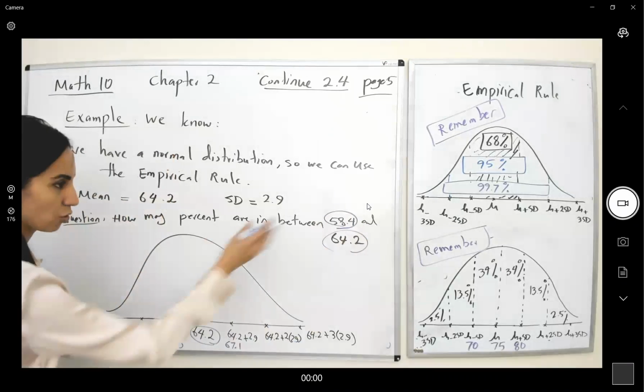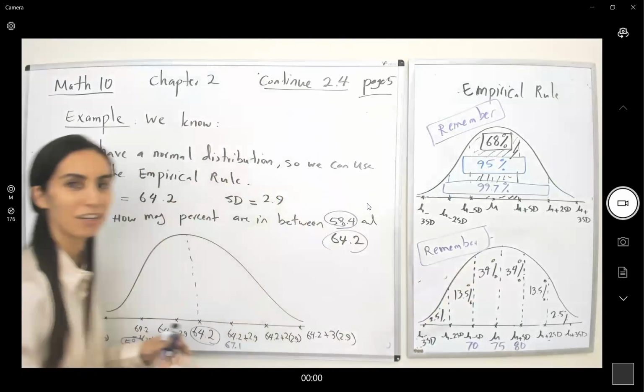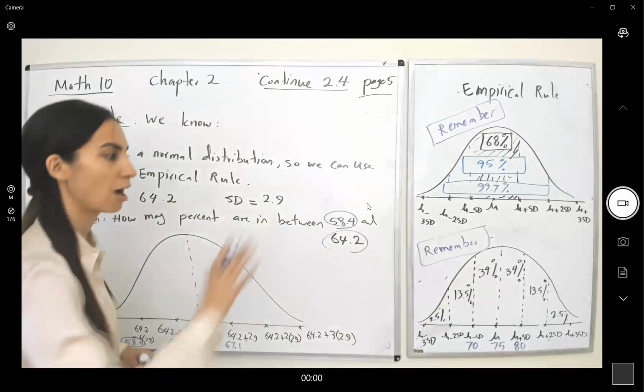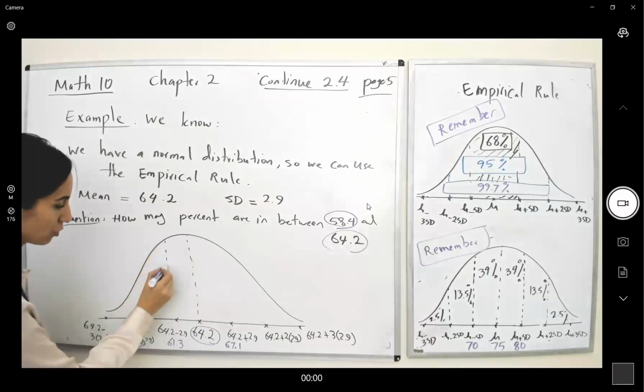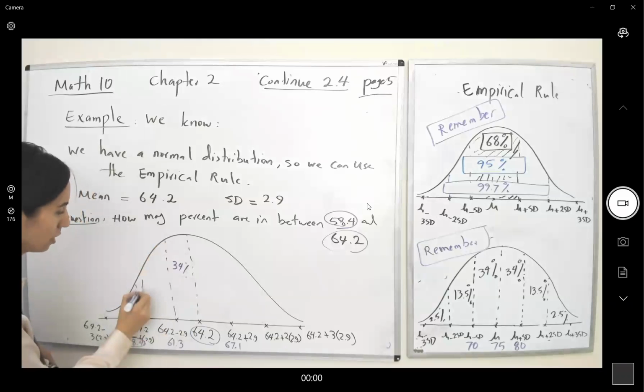Since it follows the empirical rule, I have these numbers. These percentages are fixed. I know those. So it's going to be 34%, and this is going to be 13.5%.